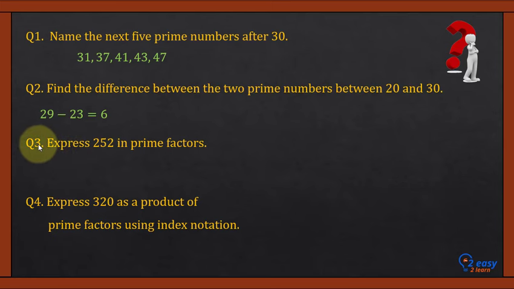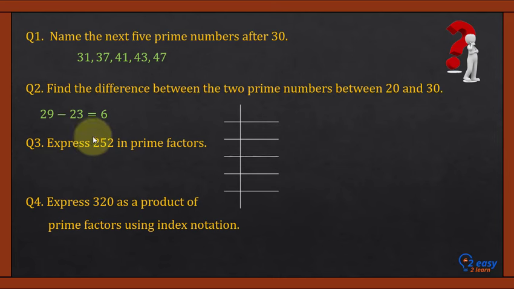Question number 3. Express 252 in prime factors. So we'll use the division method to find the prime factors of 252. We'll write 252. You should think of the smallest prime number which can divide 252. The last digit is an even number, which is 2.